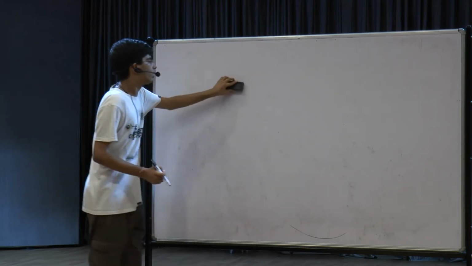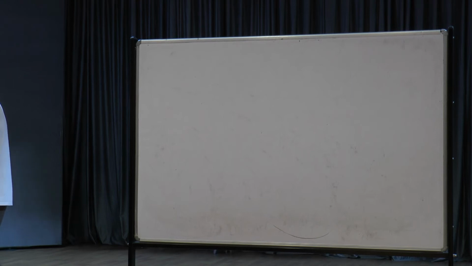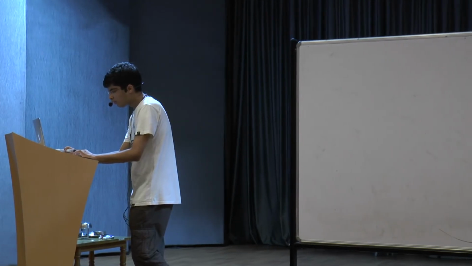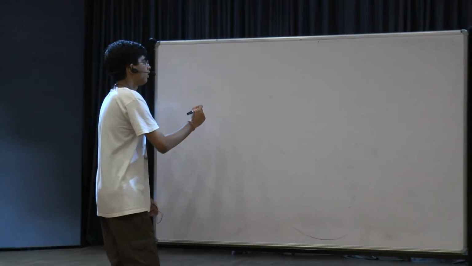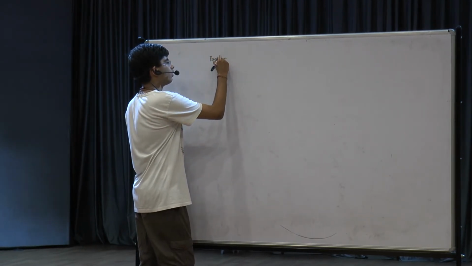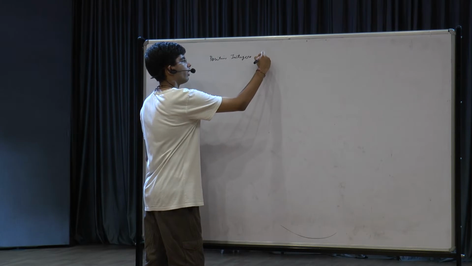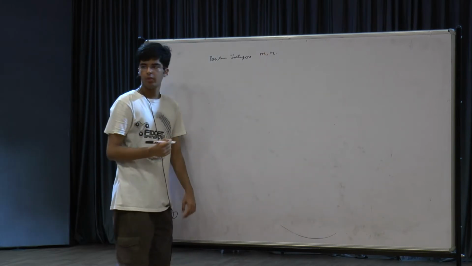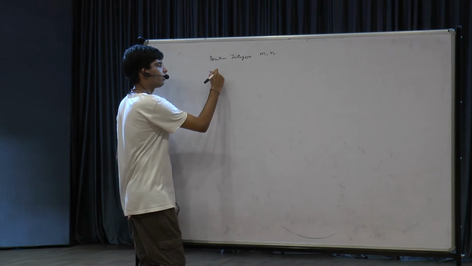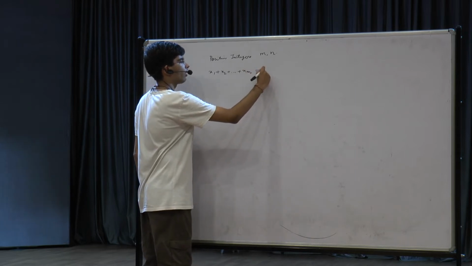So now we'll do some classical examples of this thing. And one such example, let's look at this. So we look at positive integers m and n, and we try to find solutions of x1 plus x2 plus ... plus xm equals n.